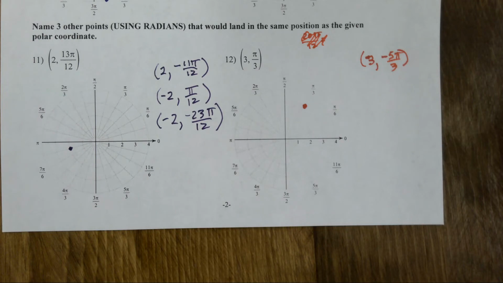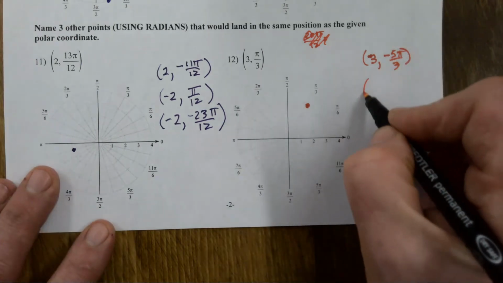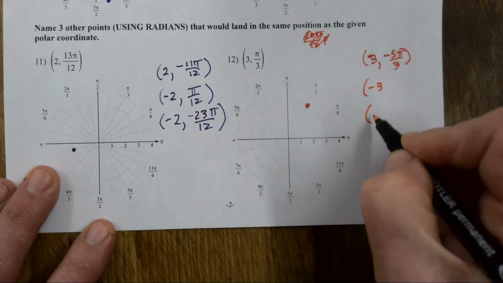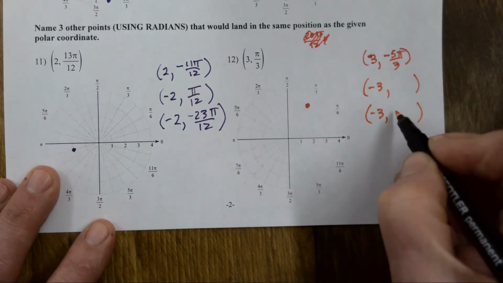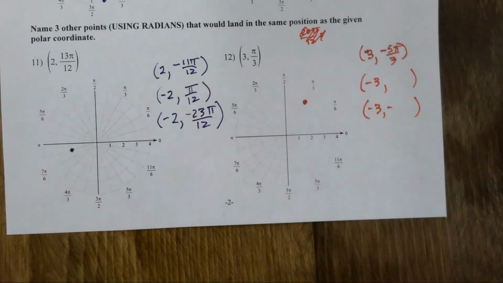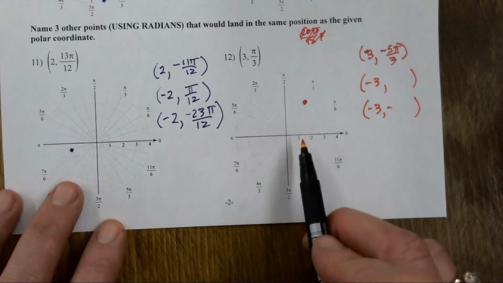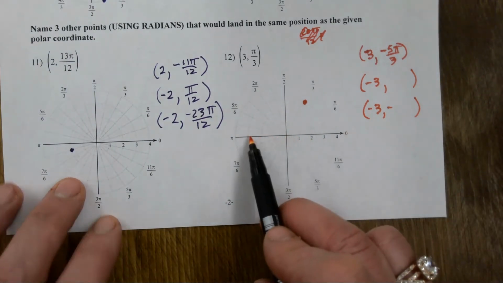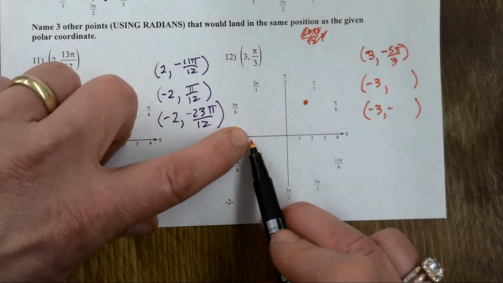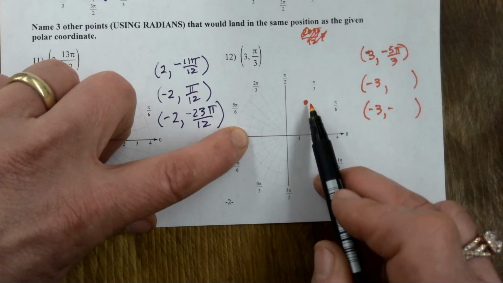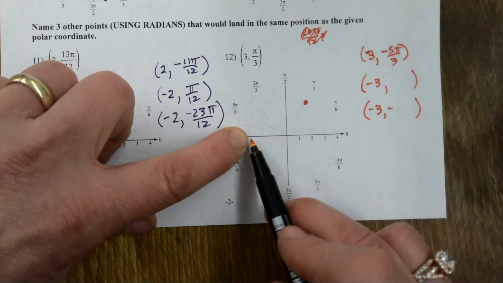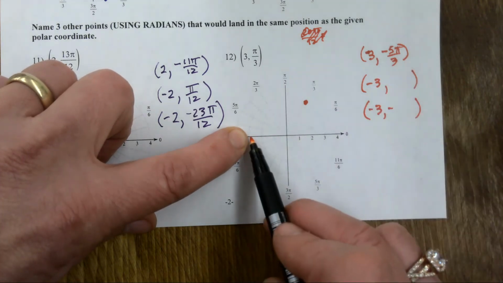Okay. Then I want to do 2 with negative radii, 1 with a positive angle, 1 with a negative angle. So if I move backwards 3, how far would I have to move around in the positive direction to get here? I just usually think about I'm in the π/3 family, and I'm moving.